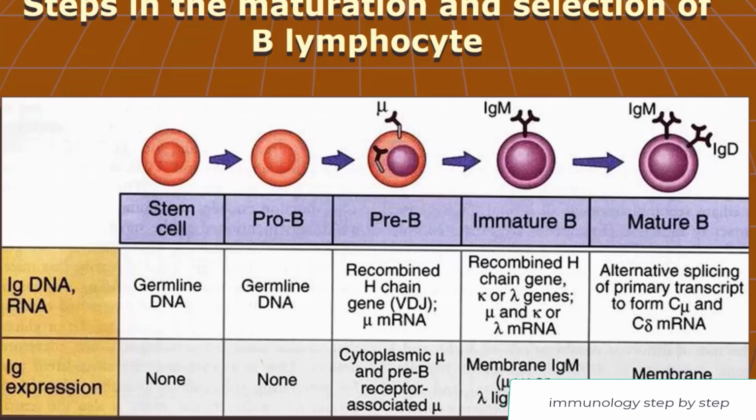Ig expression, germline DNA; here recombined H chain gene, VDJ, mu messenger RNA, cytoplasmic mu and pre-B receptor associated mu; immature B, recombinant H chain gene, kappa or lambda genes, and mu and kappa or lambda messenger RNA, membrane IgM. Mature B, alternative splicing of primary transcript to form C.